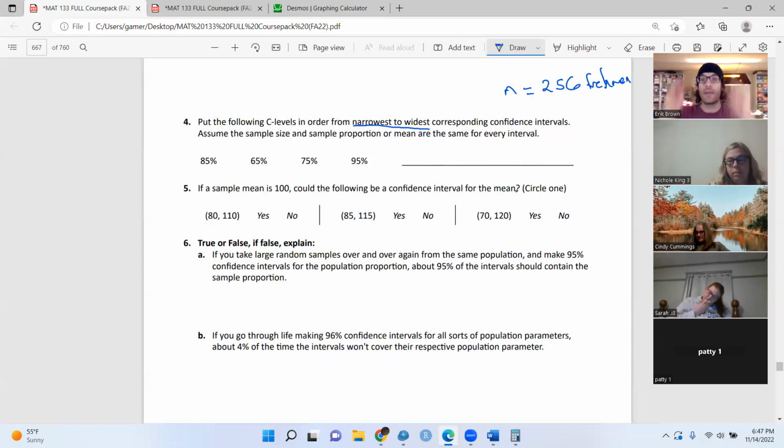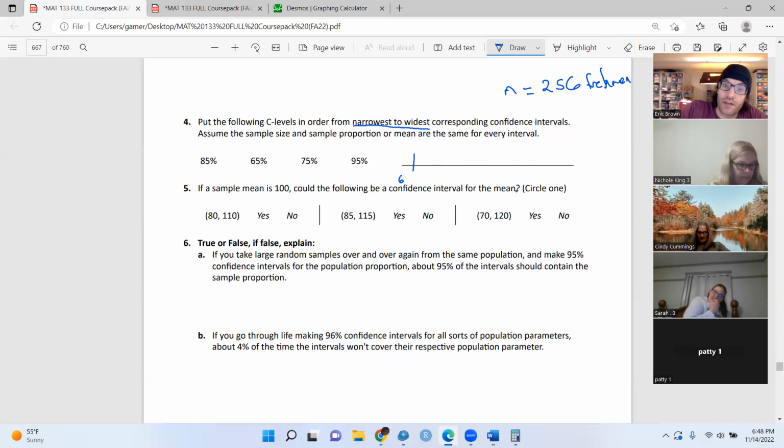So as we make the confidence interval narrower and narrower, so we give less and less possibilities, our C level will have to be lower and lower. So the widest confidence interval will correspond to the highest C level, and the narrowest confidence interval will correspond to the lowest C level.